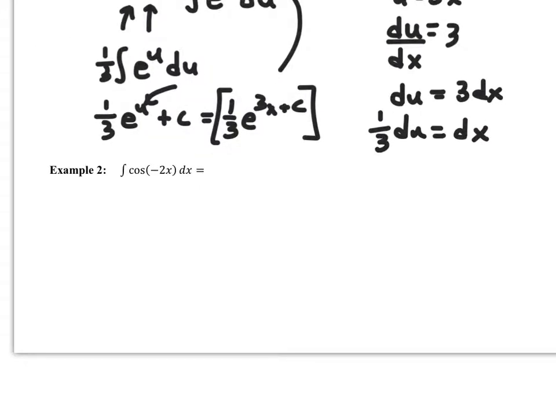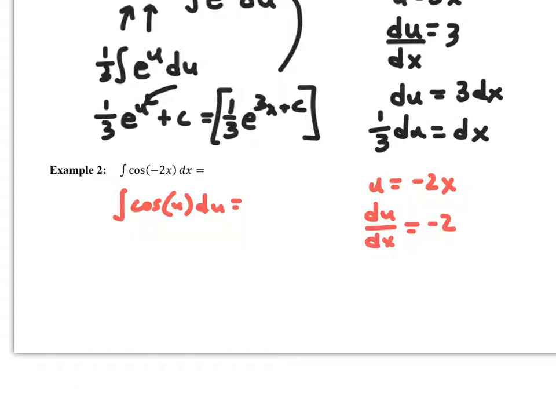Okay, likewise in the second one, I'm used to integrating cosine of something. Right, not used to integrating with the opposite of a chain rule, so I'm going to set u equal to negative 2x. So du dx would equal negative 2, but I want dx all alone, so du would equal negative 2 dx, and negative 1/2 du would equal dx.